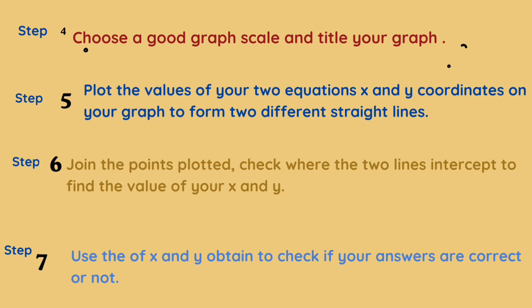Or when the two lines are parallel, that means you do not have any solution. If the two lines coincide with one another, that means you have many solutions. Step 7: use the x and y values obtained to check if your answers are correct or not.